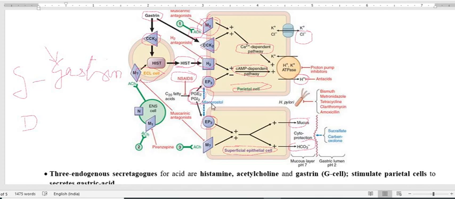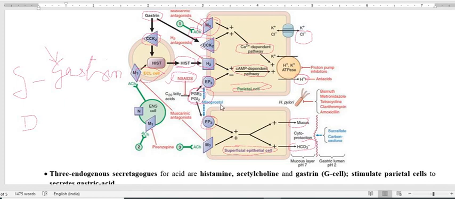Because of the inhibition of E2 and I2 prostaglandins by non-steroidal anti-inflammatory drugs, by inhibiting the enzyme cyclooxygenase, the prostaglandin will not be formed, and in long-term therapy of non-steroidal anti-inflammatory drugs, it will produce ulcer formation. So long-term therapy of non-steroidal anti-inflammatory drugs is rather contraindicated, because it is going to produce peptic ulcer.